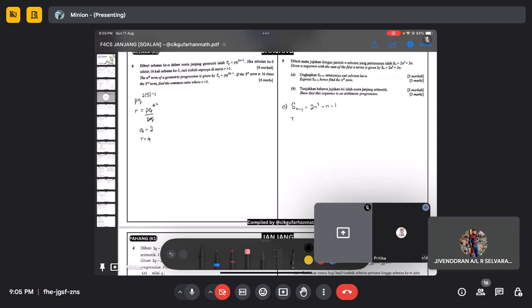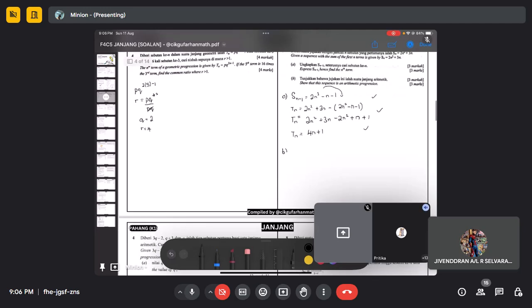So Tn equals 2n squared plus 3n minus 2 in bracket n minus 1 squared minus 3 in bracket n minus 1. So Tn equals, basic things again, 2n squared plus 3n minus 2n squared plus 4n... Tn equals 4n plus 1. You'll be getting 3 marks. 1, 2, 3.